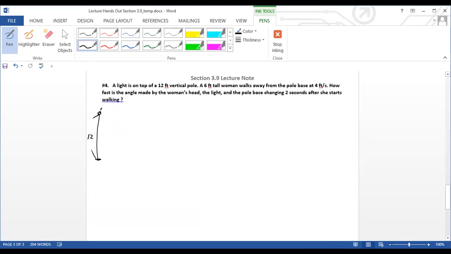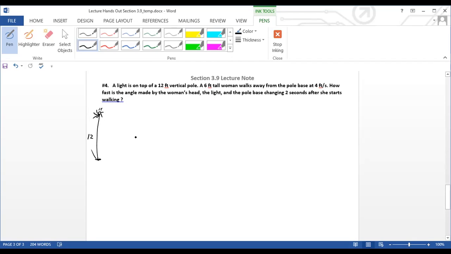I have a light here. A 6 feet tall woman walks away from the pole base at 4 feet per second. How fast is the angle made by the woman's head, the light and the pole base changing 2 seconds after she started walking?